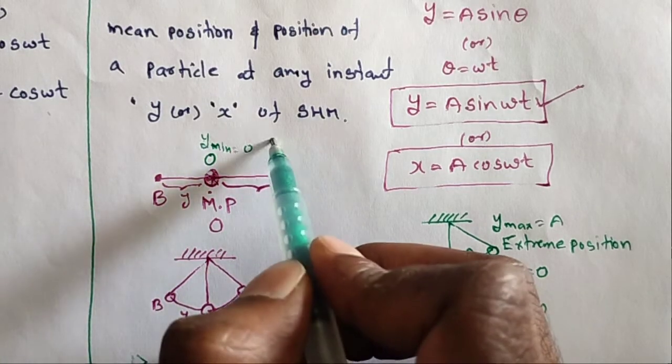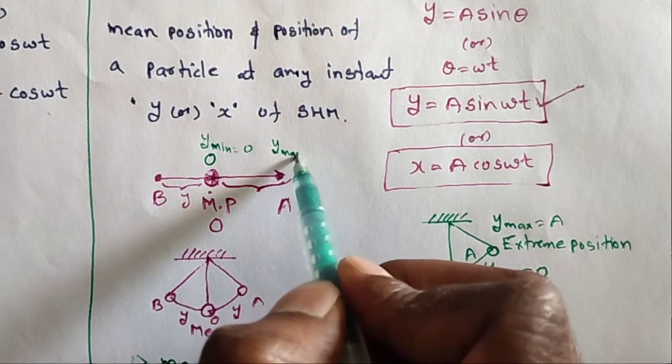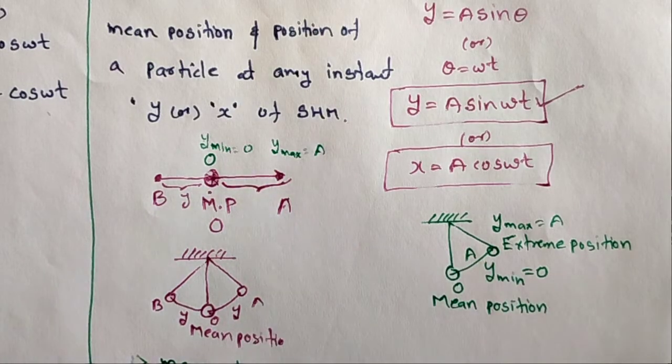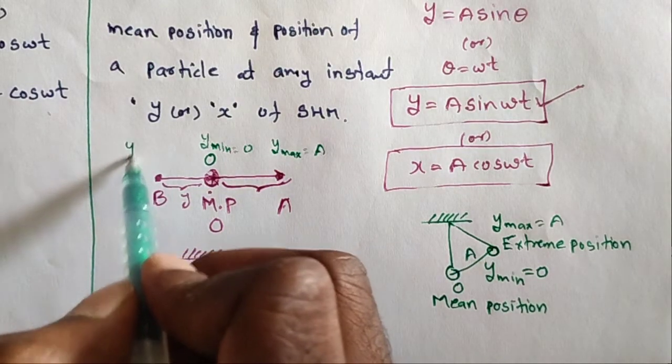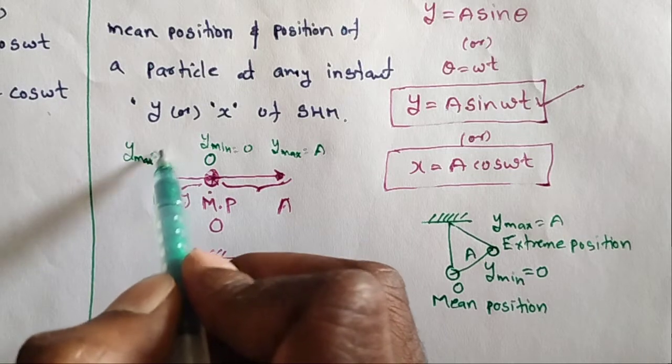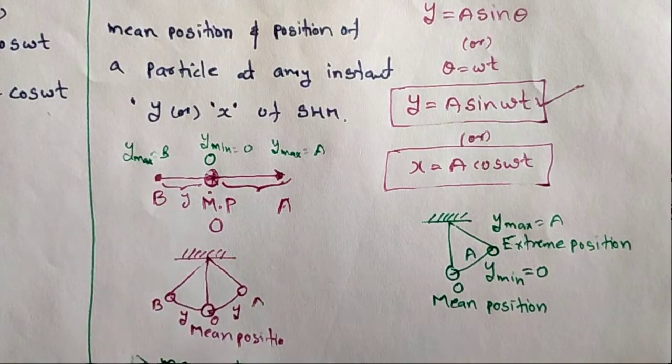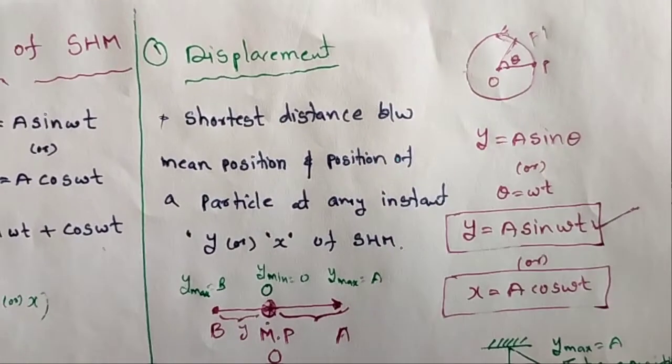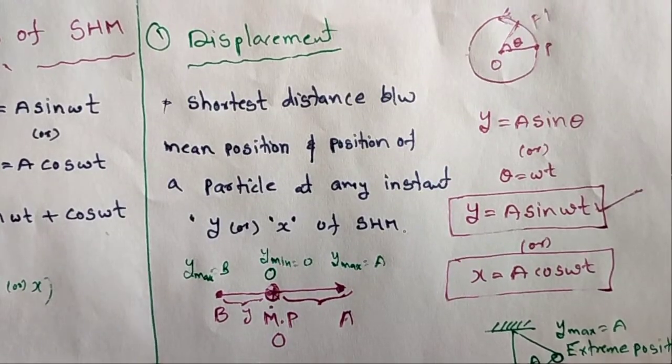At the A position, displacement is maximum, A. Suppose on the left side, y maximum is equal to B. So this is the displacement concept.